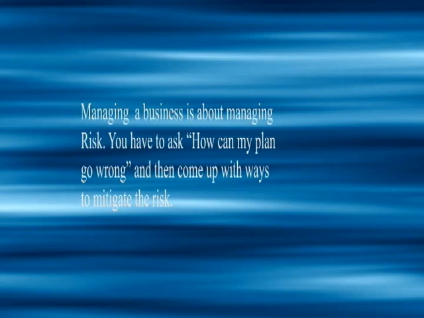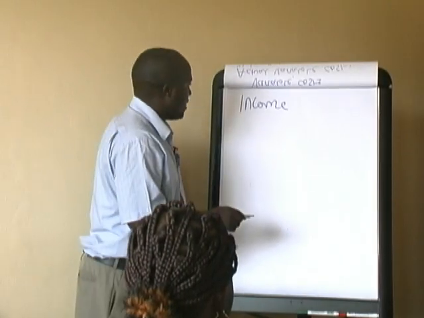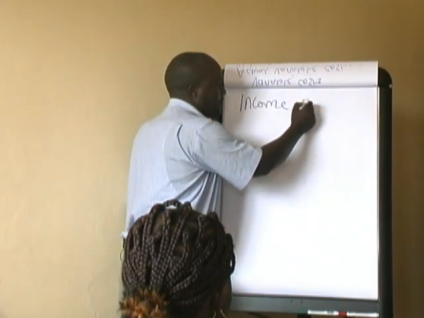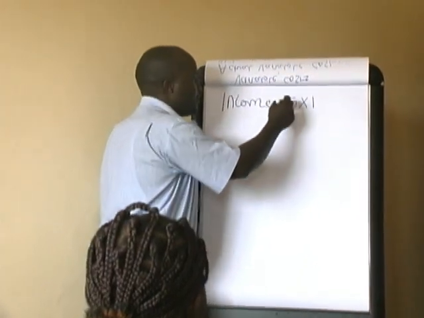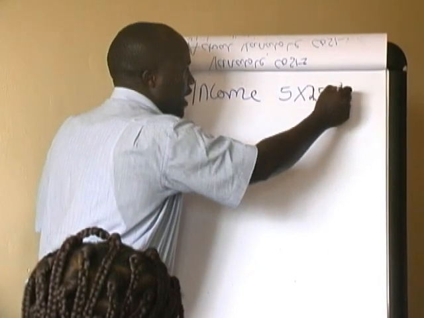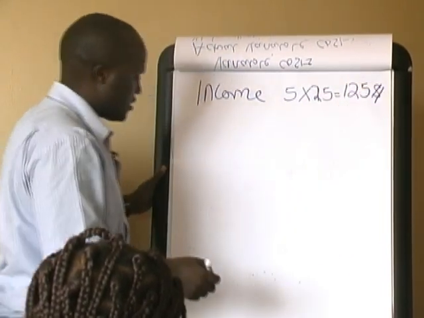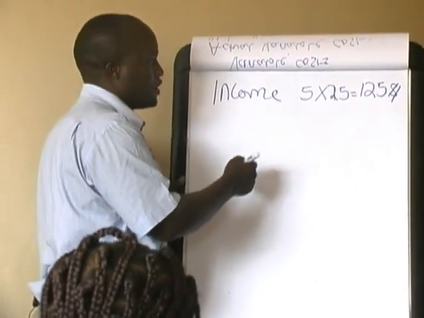Our income, as per the previous calculation, was coming in as a result of selling 5 beds per month at a rate of how much? We sold 5 beds at $25 each and we had a total income of $125.